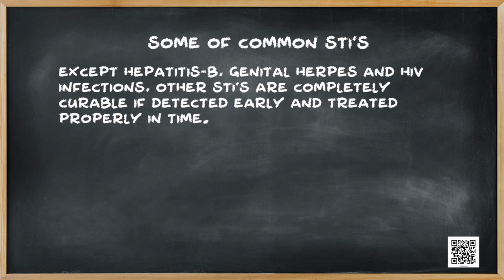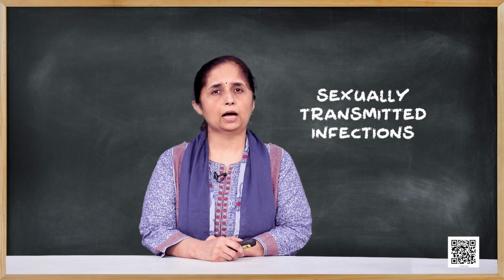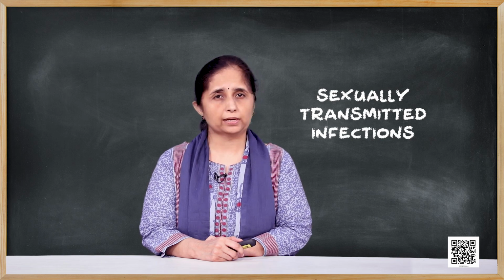Except hepatitis B, genital herpes, and HIV infections, other sexually transmitted infections are completely curable if detected early and treated properly in time. Let us now see how these infections can be recognized.